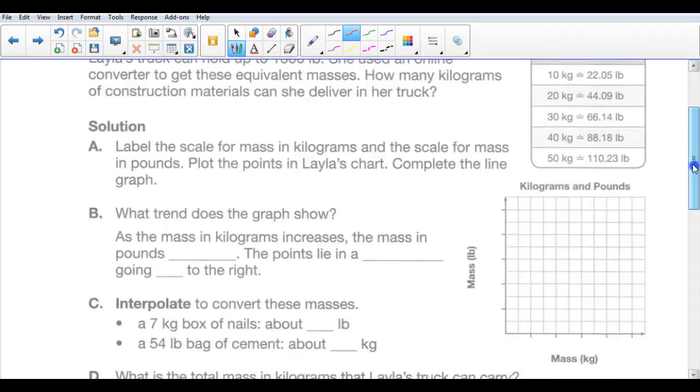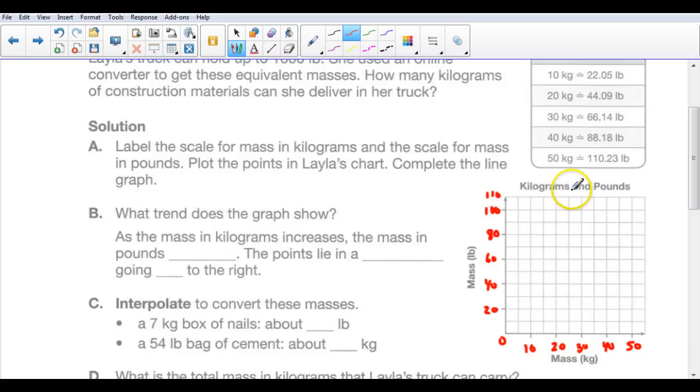So we've got the mass. Our largest mass in kilograms goes up to 50, so this is probably 10, 20, 30, 40, 50, and our largest one for pounds goes up to a little past 110. We always start at 0. So this is probably 20, 40, 60, 80, there's 100, and up there is 110 approximately.